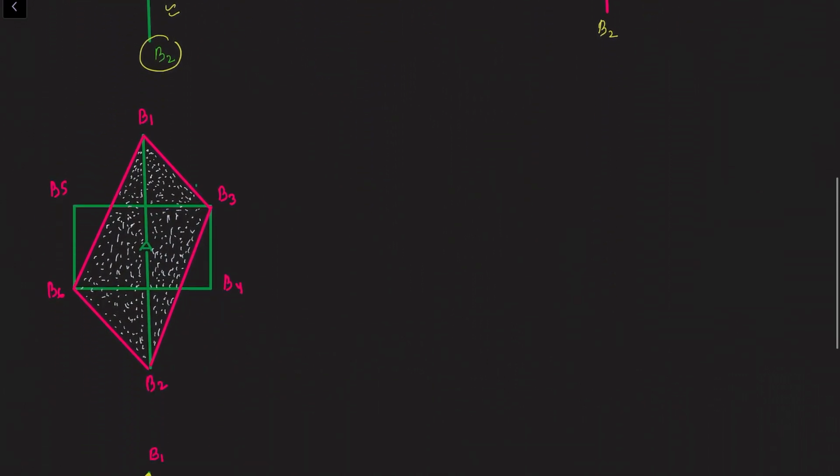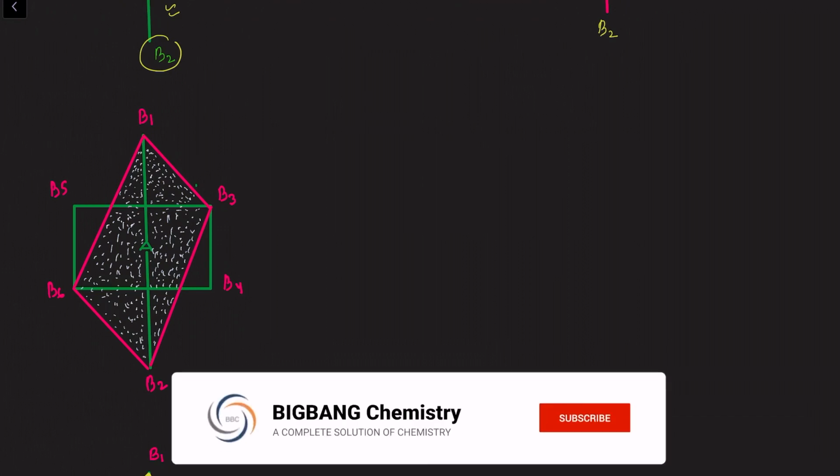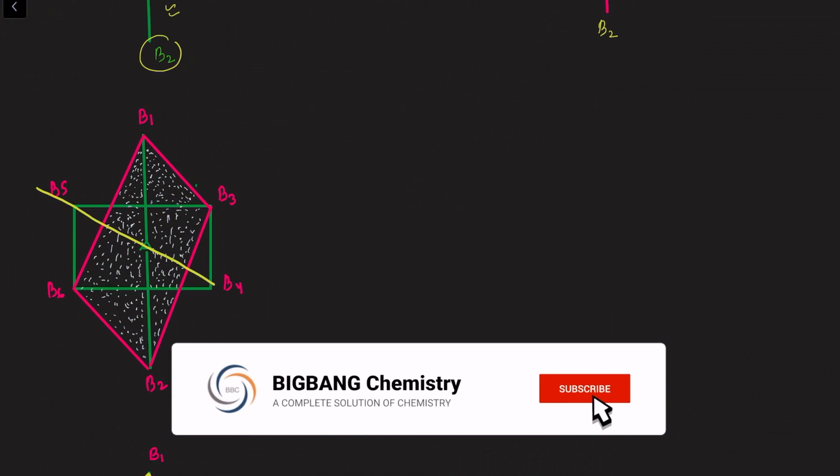Check this structure. What I did, I drew one square by including the 4 B atoms, right? This pink color is one square. So the next C4 axis will pass through the A atom and the B5 and B4 atoms.